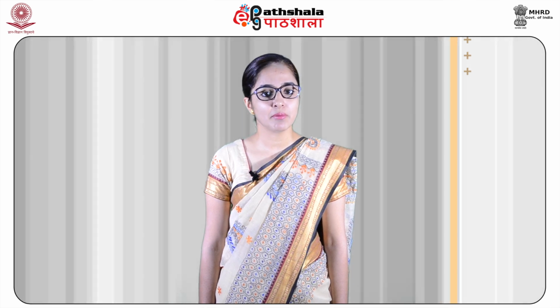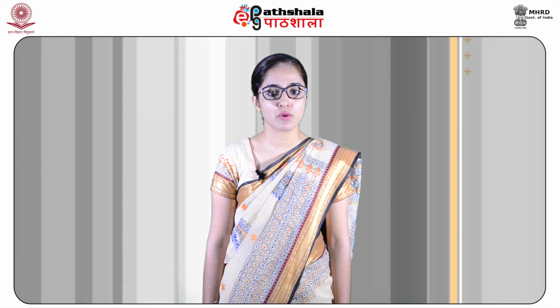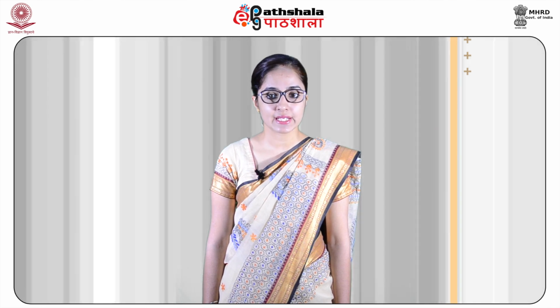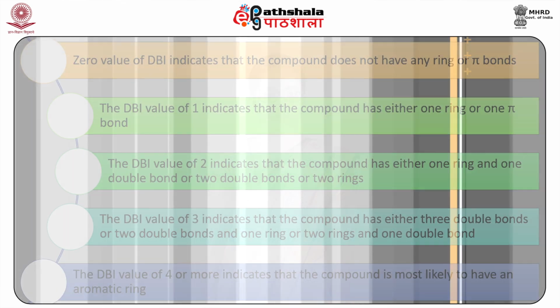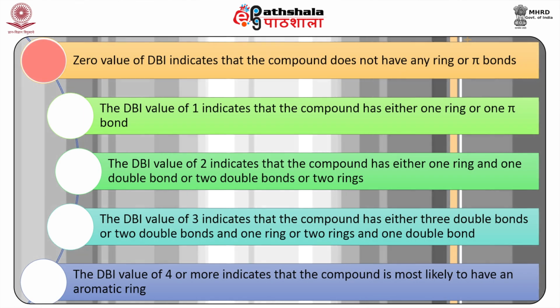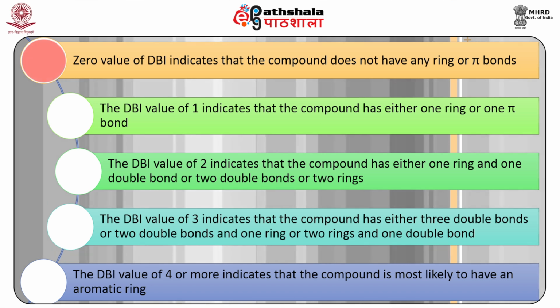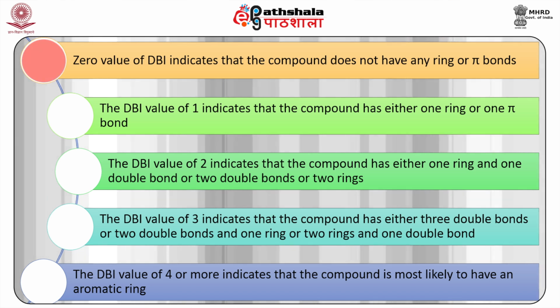Considering the first one, if the molecular formula is given, first determine the double bond equivalence of the compound, which can give important clues about the structure of the compound, whether the compound is acyclic, cyclic, saturated or unsaturated or aromatic. Zero value of DBE indicates that the compound does not have any ring or pi bonds.